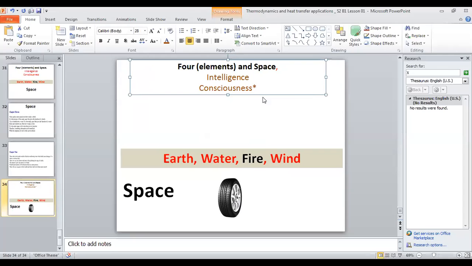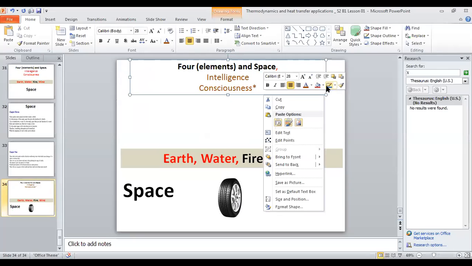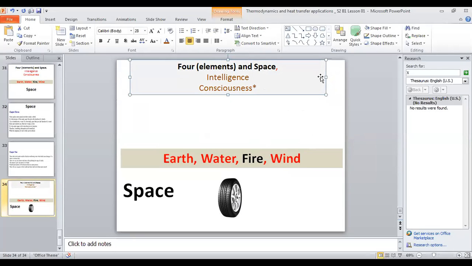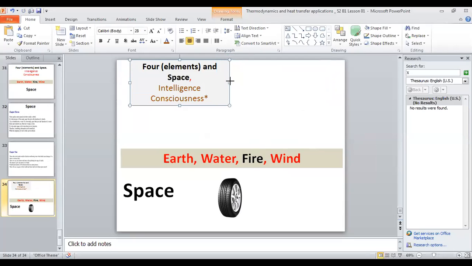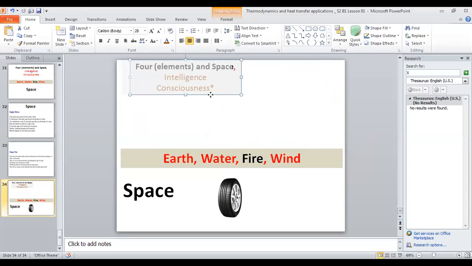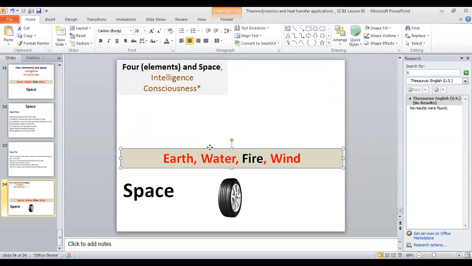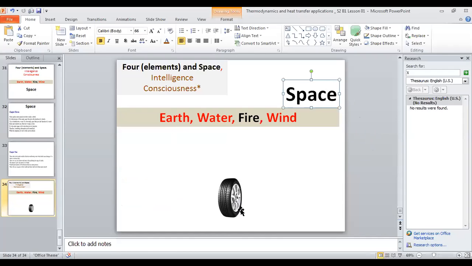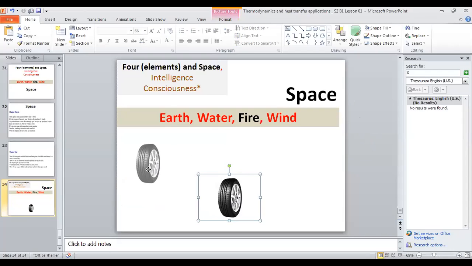This is very important. Very important. Let's see this side. And now I take this one space and I'm going to talk about the tire.